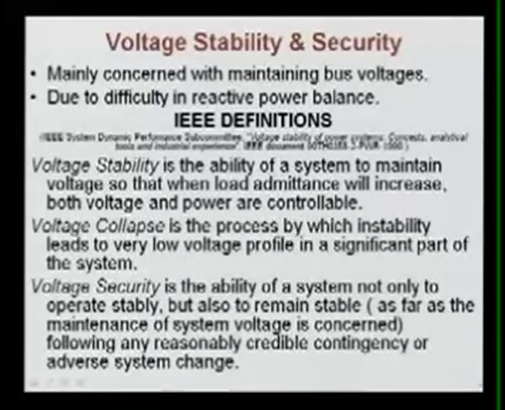Voltage collapse, however, is the process by which instability leads to very low voltage profile in a significant part of the system, and that may lead to complete collapse or blackout of the system. However, the voltage security is the ability of a system not only to operate stably, means it is one step ahead, means your system may be stable, but some of the voltages at the buses will be violating.